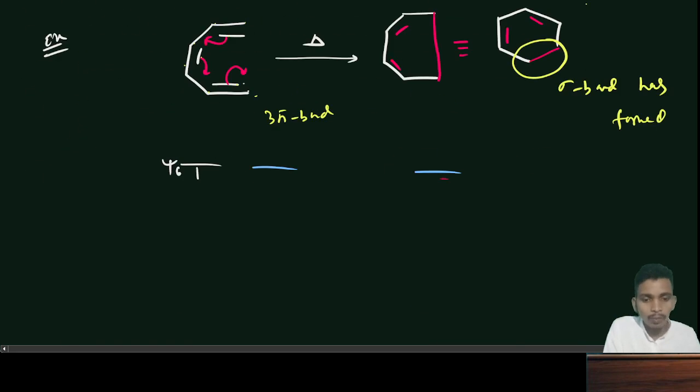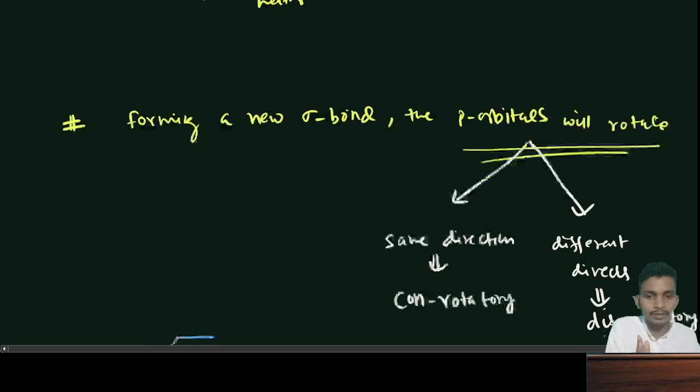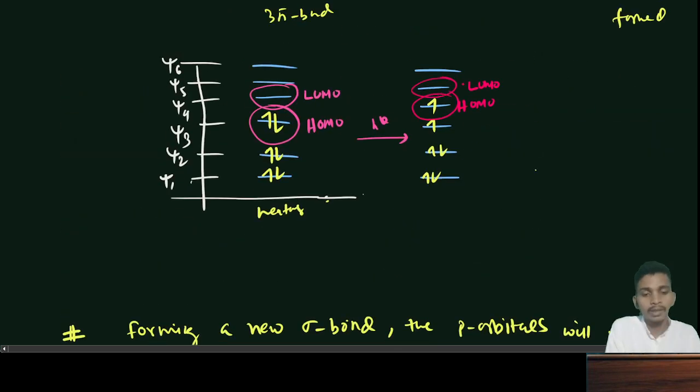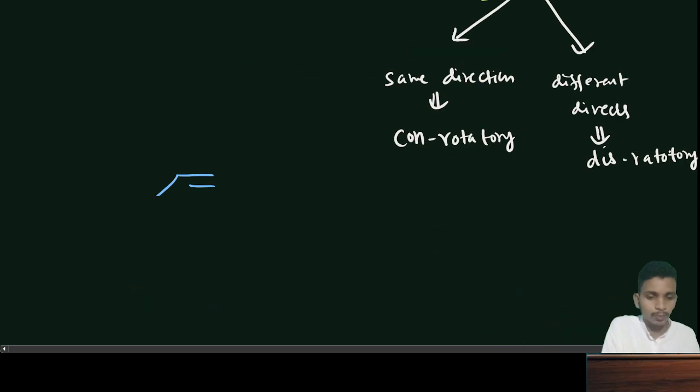That means they are the HOMO and LUMO. Okay, so what we know is that for electrocyclic reactions, if it is unimolecular, then the HOMO is used to analyze the reactions. This point you have to note.